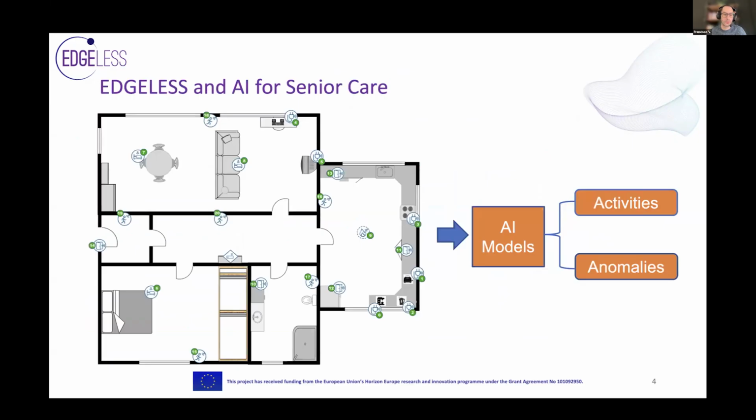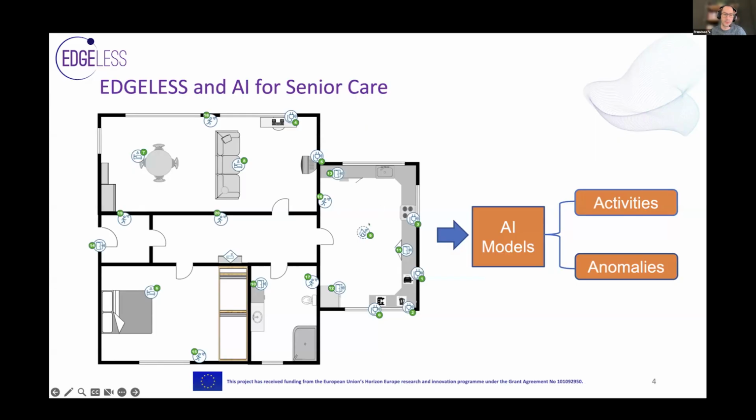So I'm going to focus on how this senior care solution that we have in Borderline is taking advantage of the Edgeless functionalities. The idea for this use case is to use a lot of sensors located in the homes of these elderly people. As you can see on the blueprint shown on this slide, we have a home with a lot of sensors located in different places in the different rooms of the home.